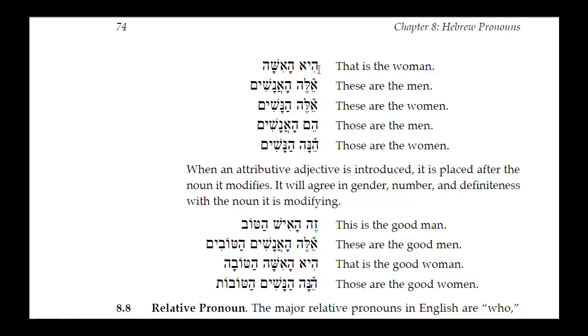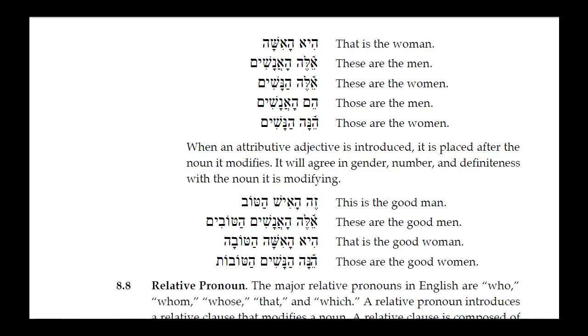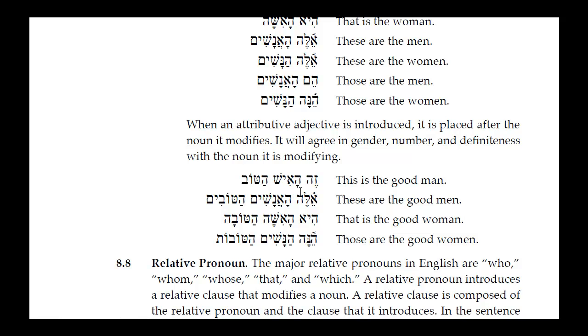Now, when an attributive adjective is introduced, it's placed after the noun it modifies. It will agree in gender, number, and definiteness with the noun it's modifying. So we'll put an attributive adjective behind the noun, and then the demonstrative pronoun will come at the very beginning.